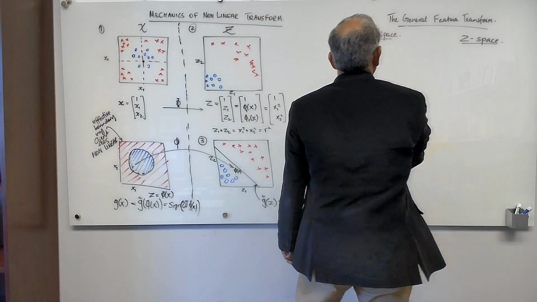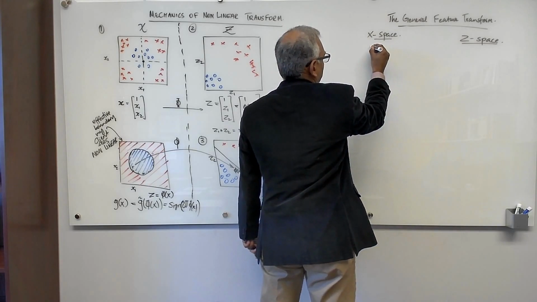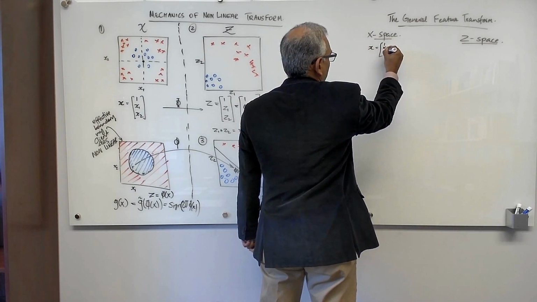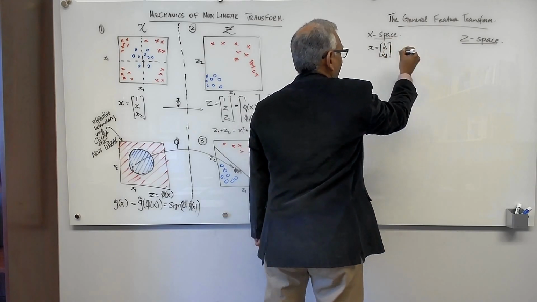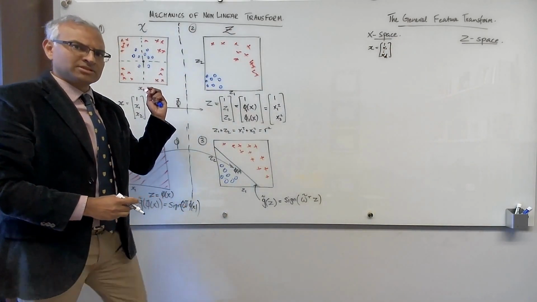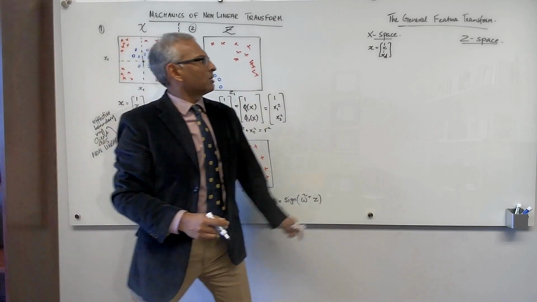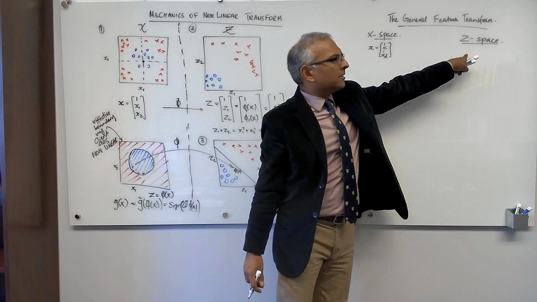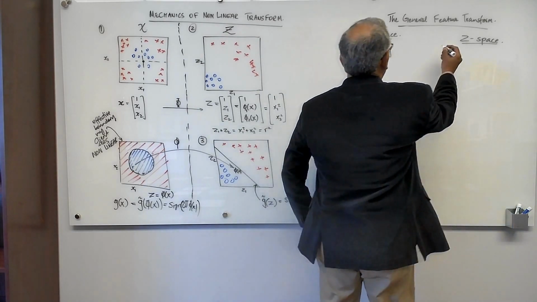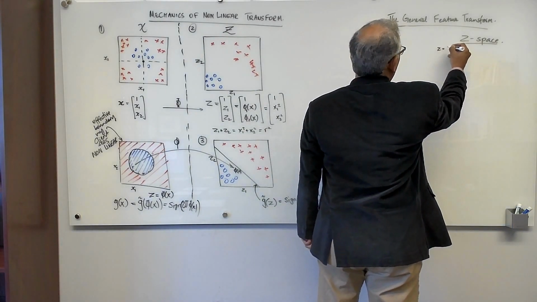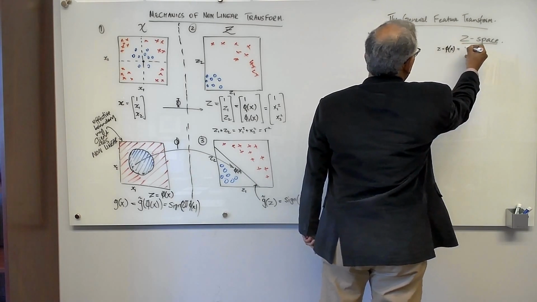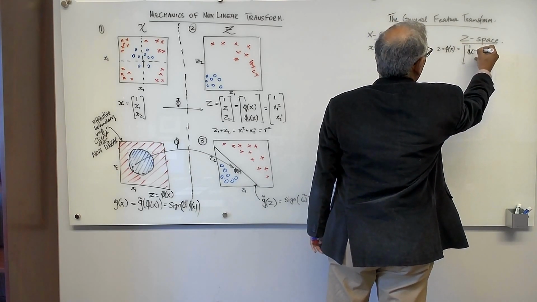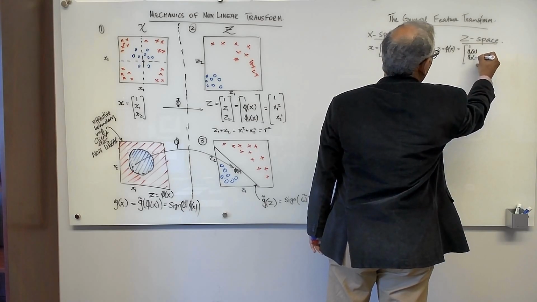So in your x space, you have the input x, which is augmented to 1, x1 up to xd. Now I'm generalizing. This is the picture for 2 dimensions to 2 dimensions, but now let's see what happens in d dimensions. In your z space, you get z equal to phi of x, which is equal to 1, phi 1 of x, phi 2 of x.